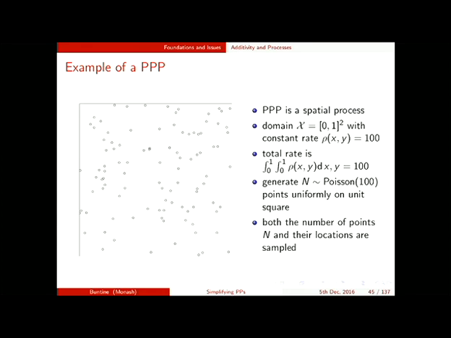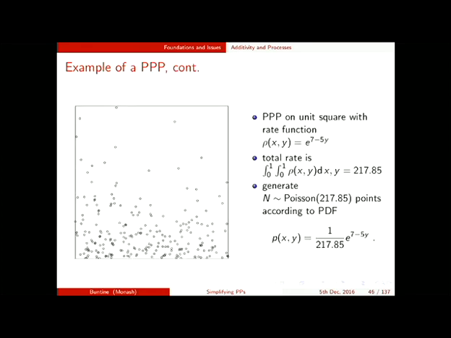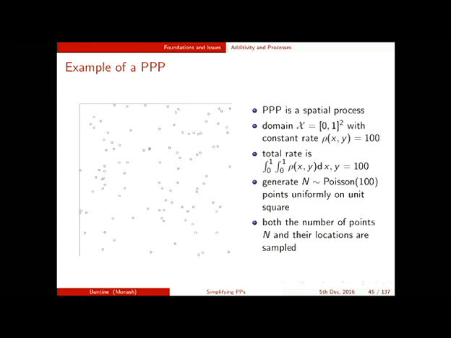Here's an example of a spatial process in a constant world. Here we have a uniform rate of 100. The size of the box is 1 by 1. That means the total number of points in there is going to be Poisson of 100.